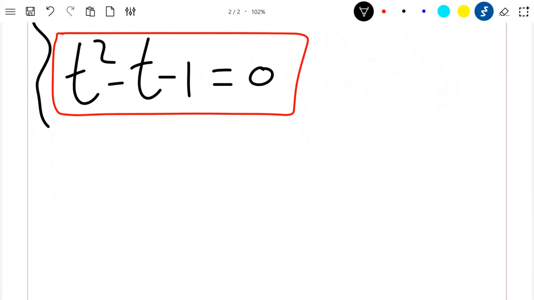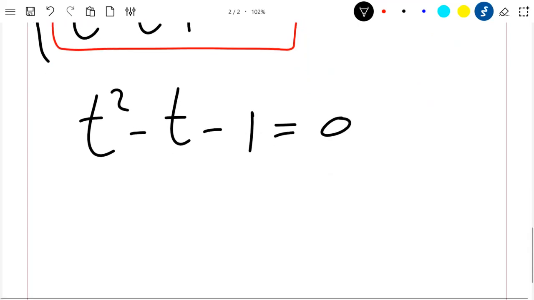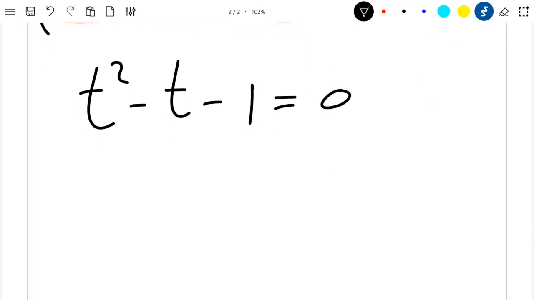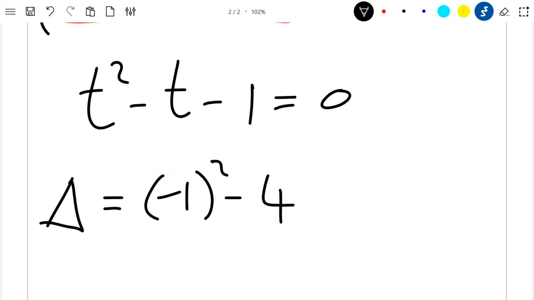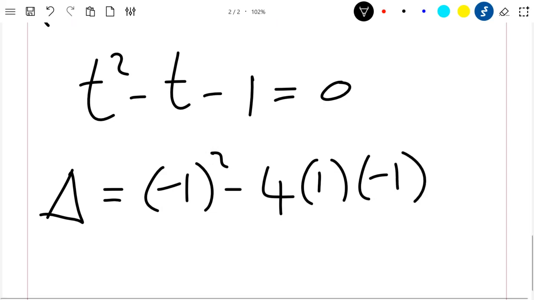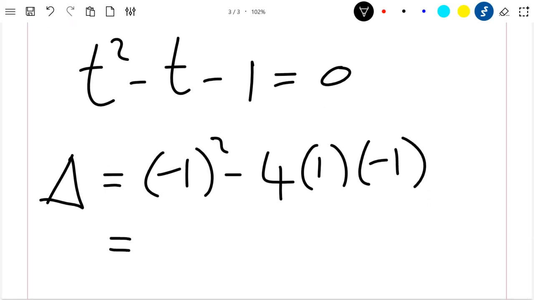I have t^2 - t - 1 = 0. Let me just use the discriminant delta to find the solution. Delta equals b^2 - 4ac, where b is -1, a is 1, and c is -1. So this will just be 1 + 4, which is equal to 5.